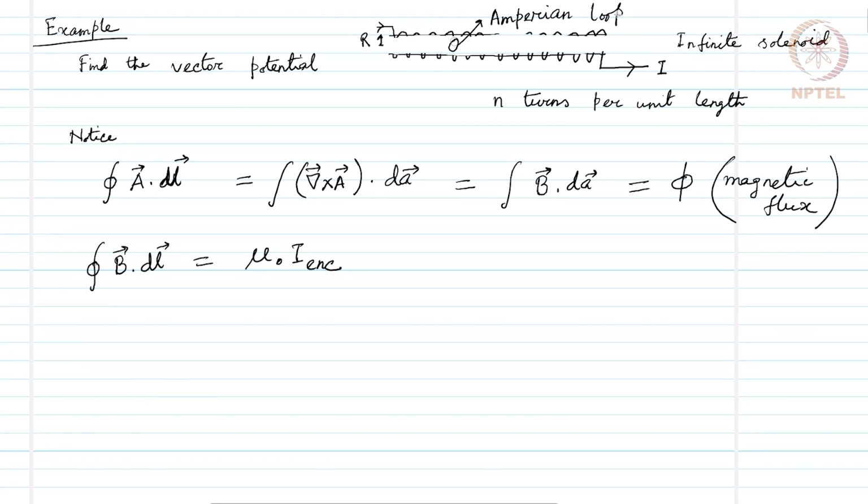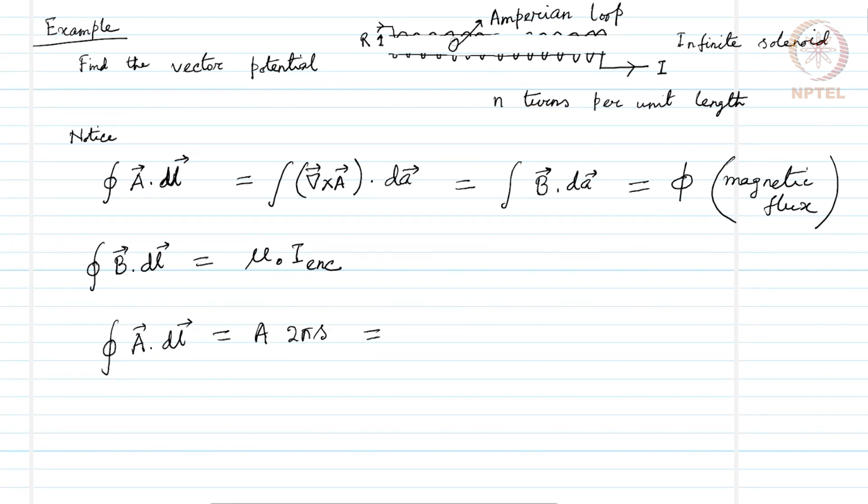On that loop we can write down that closed integral over A dot dl equals A times 2 pi s, because by symmetry of these two equations of A dot dl and B dot dl, we can argue that A would be uniform inside this region.